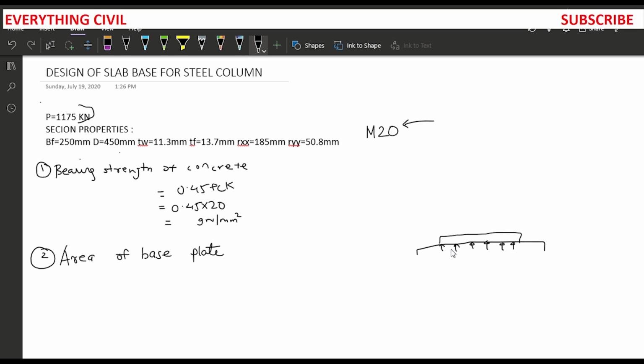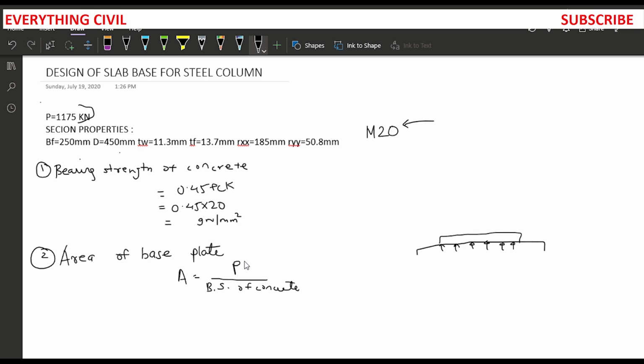Depending upon the pressure in this area, we will decide the area of the base plate. So the area will be the load on the base plate, that is the load from the column, P, upon the bearing strength of concrete.